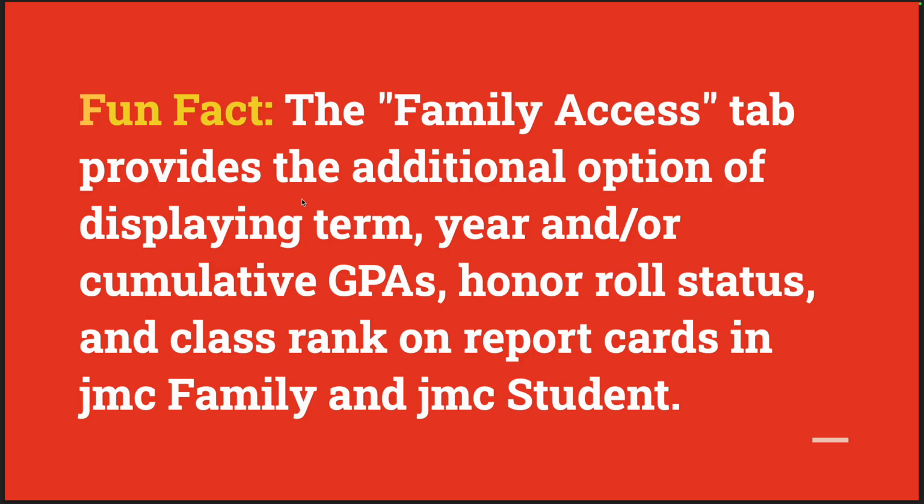Fun fact, the Family Access tab provides the additional option of displaying term, year, and or cumulative GPAs, honor roll status, and class rank on report cards in JMC Family and JMC Student.